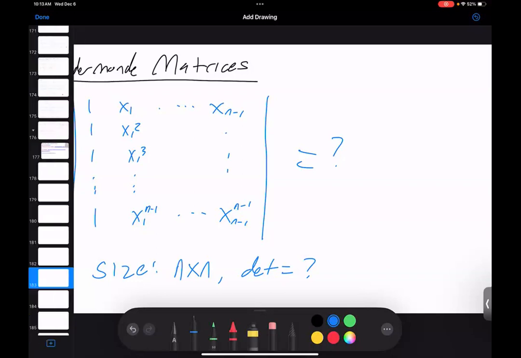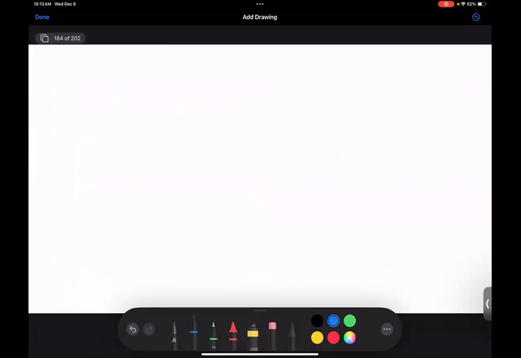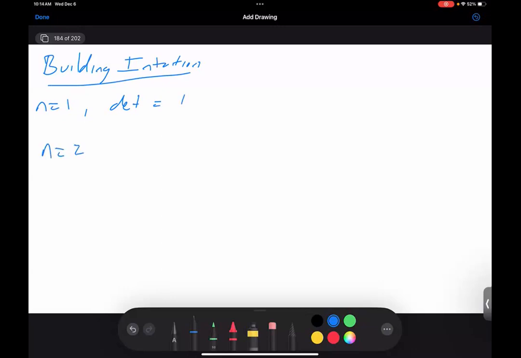We could do it for small n. Let's build intuition. So when n equals 1, the determinant equals 1. When n equals 2, it's 1, x1, 1. Is this right?